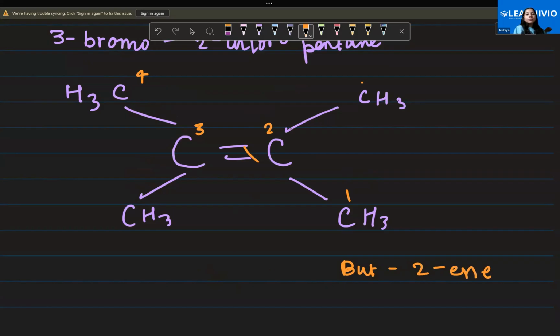Now these four are in the carbon chain, but this and this are not in the carbon chain, right? So that means they are the substituted carbons, right? And what is the name for this CH3? Methyl. Methyl, yeah. And at what positions are CH3 and CH3? 1 and 4. 1 and 4 or 2 or 3?